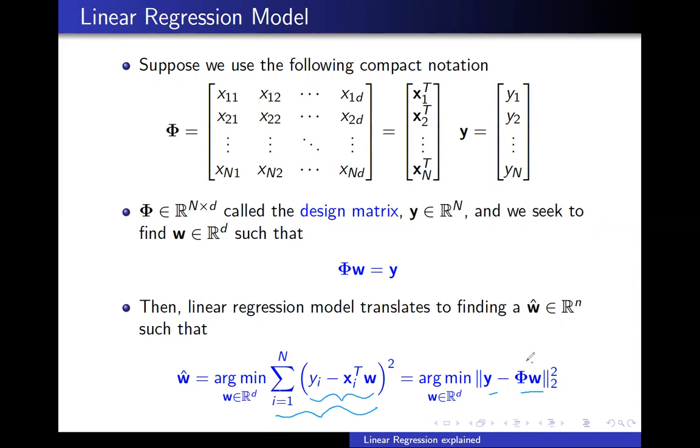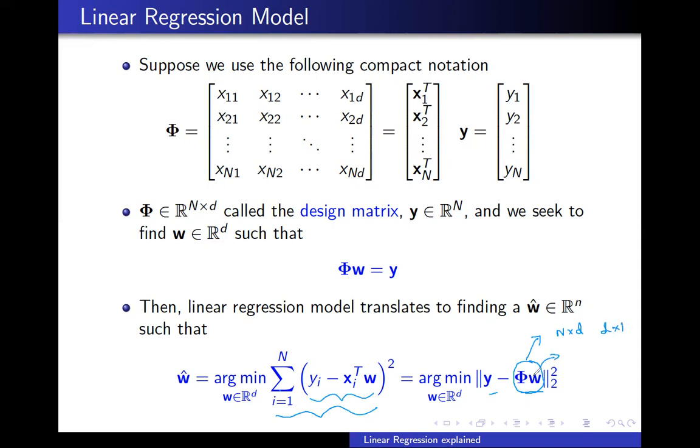Essentially this term is nothing but a matrix vector multiplication. Remember, phi has a size of n times d, and W has a size of d times 1.